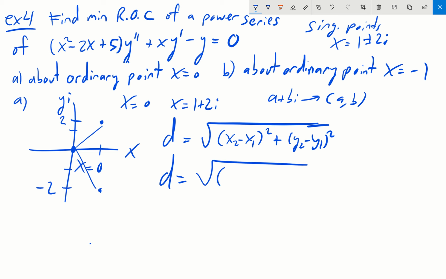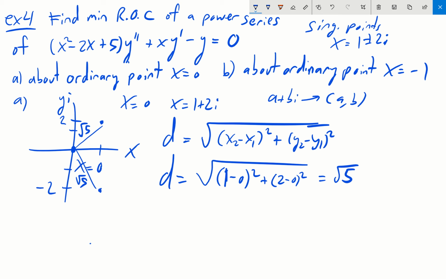So for 0, it's going to be 0 and 0, and for x it's 1 and 2. So it's going to be 1 minus 0 squared plus 2 minus 0 squared, and that's going to give us the square root of 5. So the square root of 5 is the distance from 0 to either one of our two singular points.